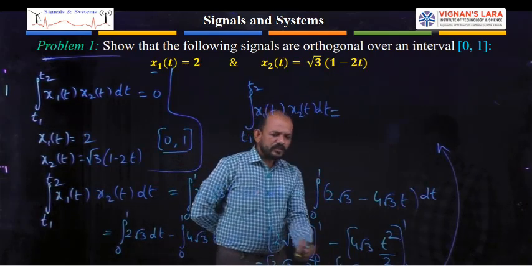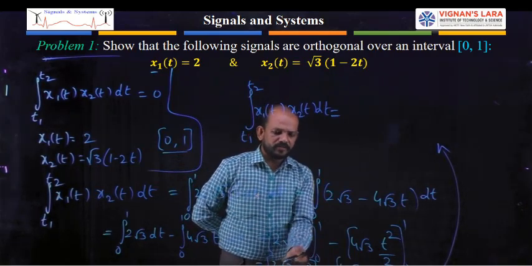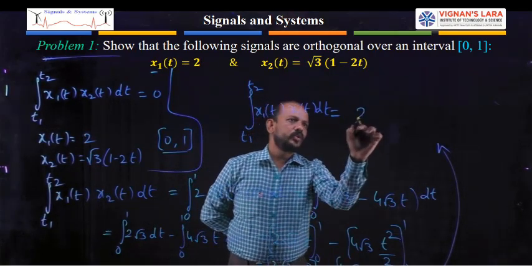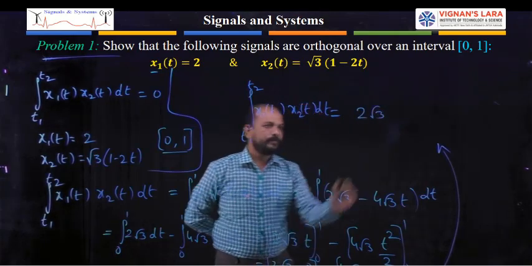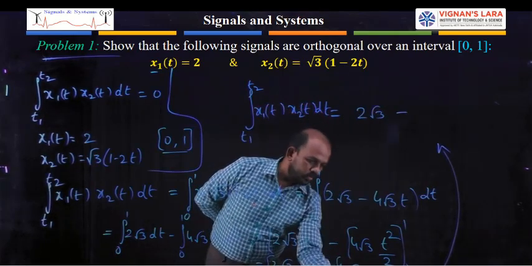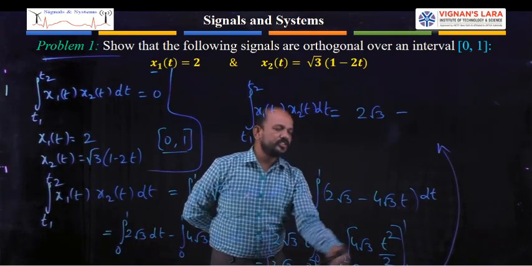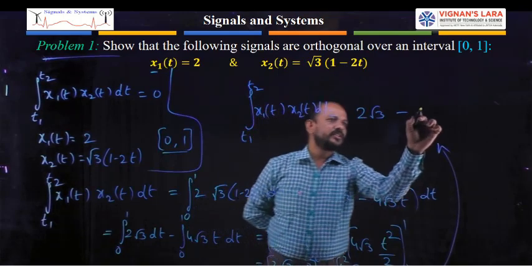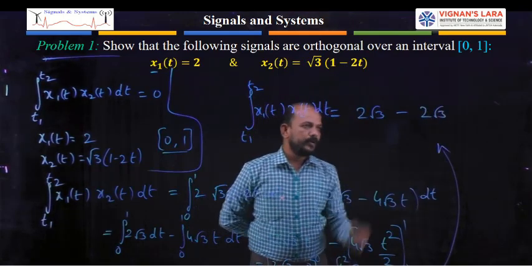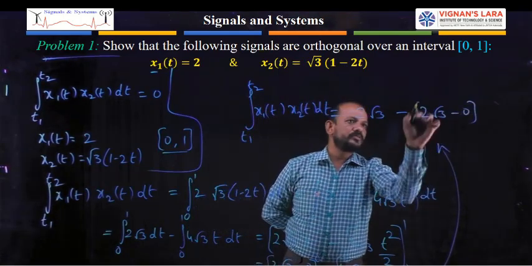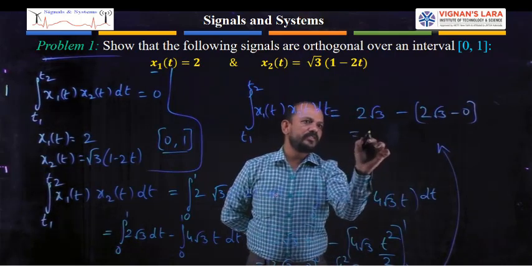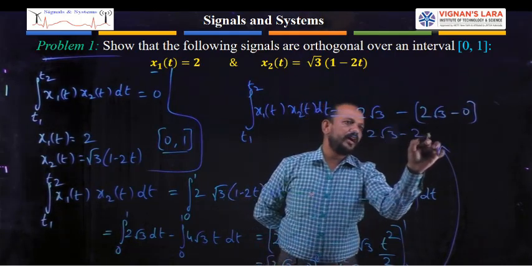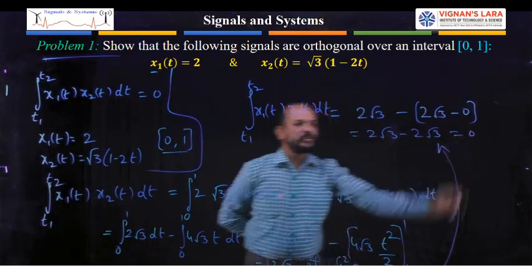So 2 root 3 minus 0 is 2 root 3, minus 2 ones are 2s. So this is also 2 root 3 into 1, that is 2 root 3 minus 0.